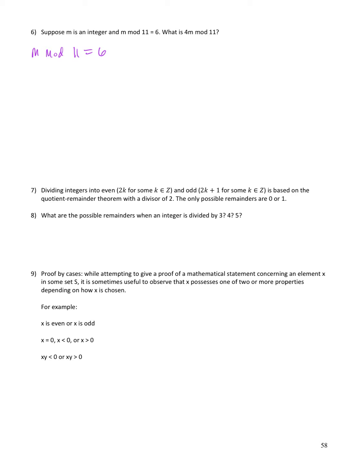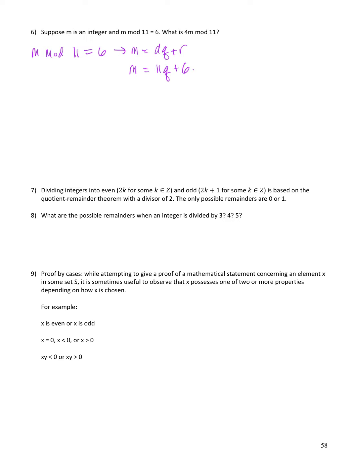So I can rewrite this as m equals dq plus r, written with letters. m is our integer, and it's going to be 11q plus 6, because 11 is the divisor and 6 is the remainder, based on the statement m mod 11 equals 6.